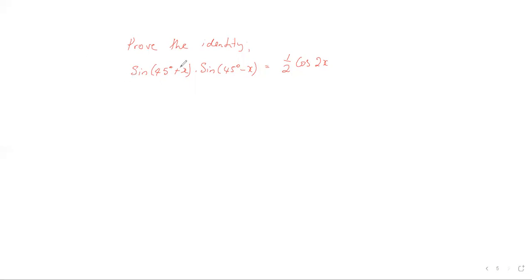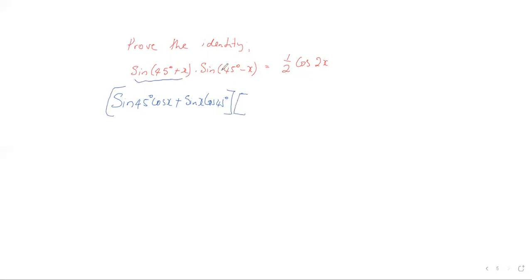Now, on the left-hand side, we will have the sine of 45, the cos of x, plus the sine of x, the cos of 45, is this portion here, distributing it.